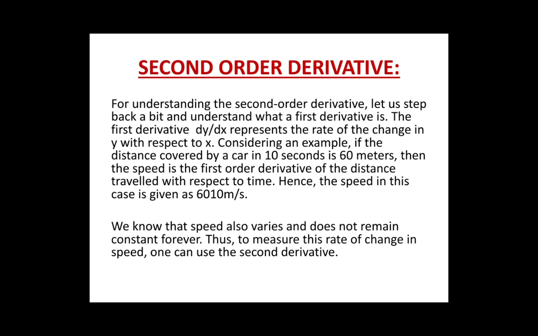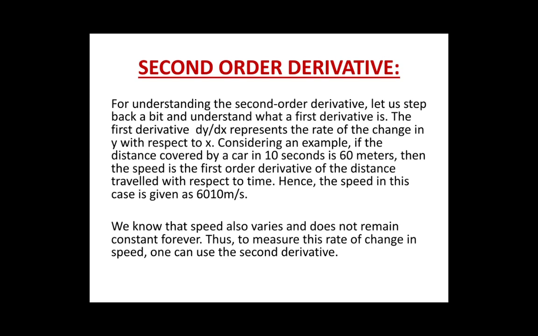Now considering an example, if the distance covered by a car in 10 seconds is 60 meters, then the speed is the first order derivative of the distance traveled with respect to time.